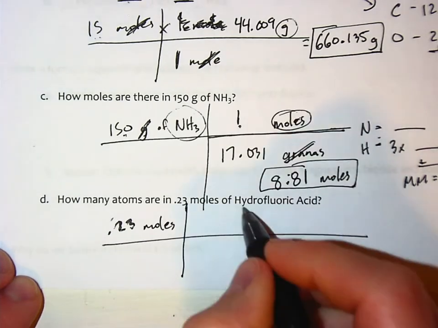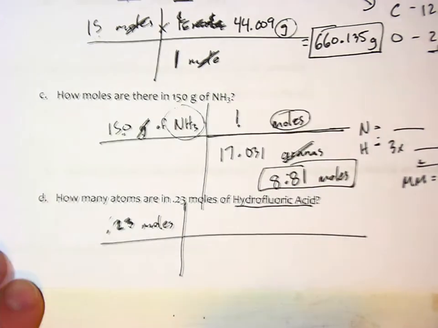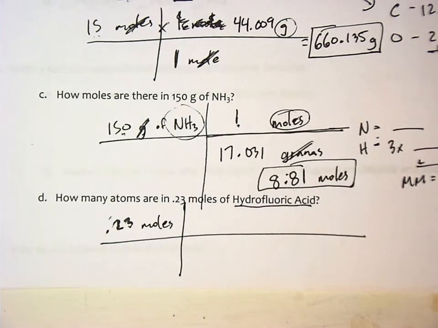Now, here, it says hydrofluoric acid. I do not have to find the mass of that. I really don't even need to know what the compound is for hydrofluoric acid because my conversion is moles to atoms. Okay, so I know that any mole of a substance has 6.02 times 10 to the 23rd atoms in it. All right, I don't need to know the mass of it.